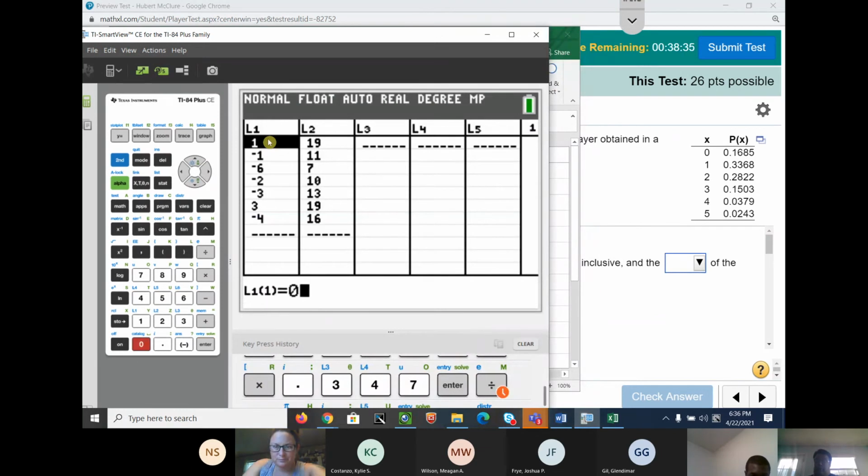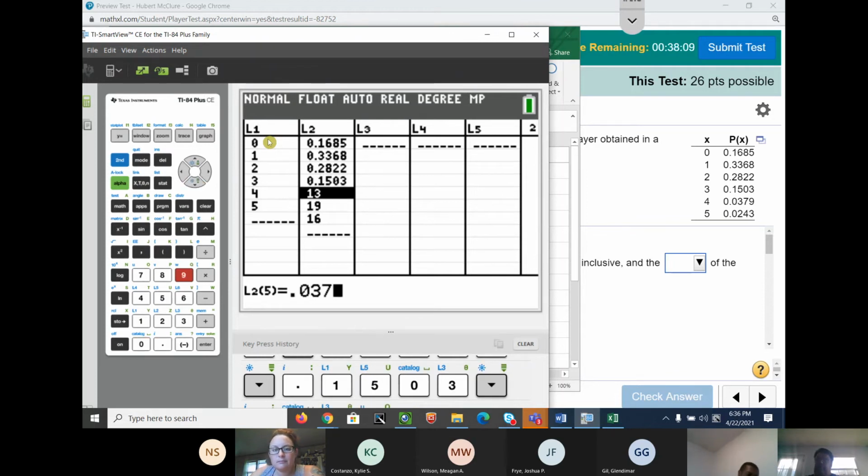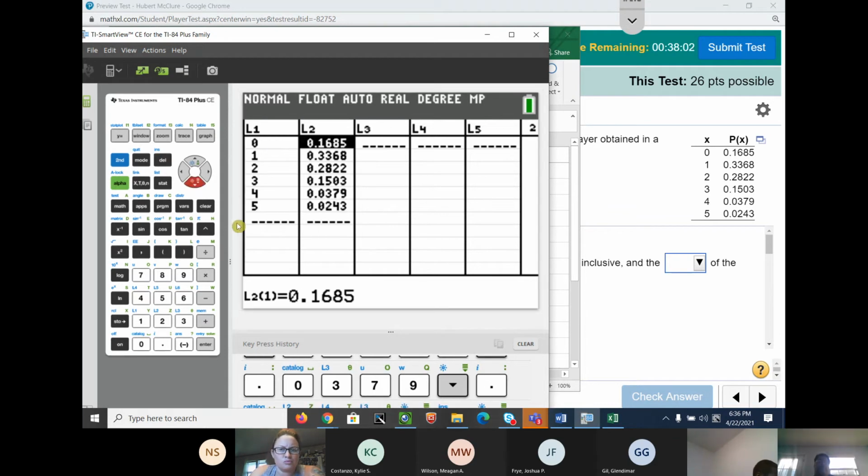So 0, 1, 2, 3, 4, 5, delete, and 0.1685, 0.1685, 0.3368, 0.2822, 0.1503, and 0.0379, and 0.0243, and delete.